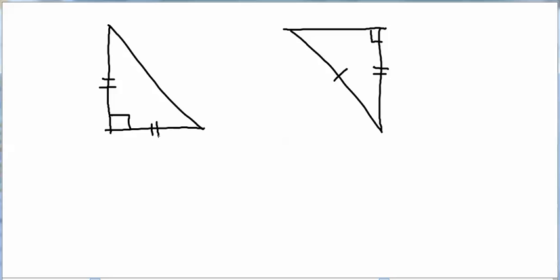What about now? Hypotenuse and leg of one congruent to hypotenuse and leg of another. Wait, that already makes it. We haven't talked about it yet, but that one doesn't have a chance. It's got to be.